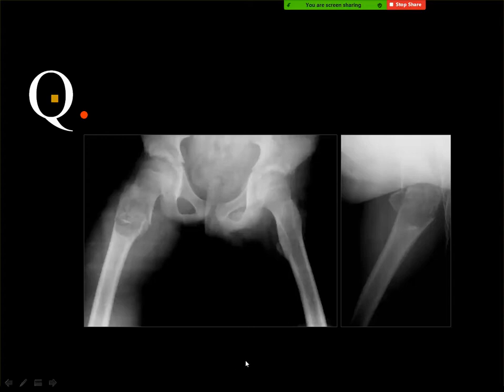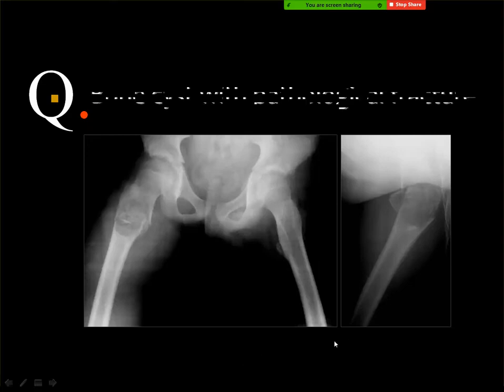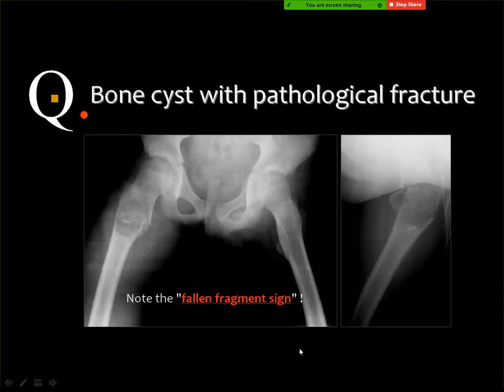Simple cyst with pathological fracture. Yes, pathological fracture. Yes, and this is simple bone cyst with pathological fracture. And you know that the proximal femur and the proximal humerus are the most common sites for simple bone cyst. And if you see a benign looking cystic lesion in these two particular locations, you should think first of simple bone cyst.